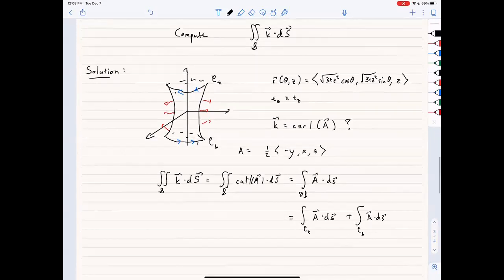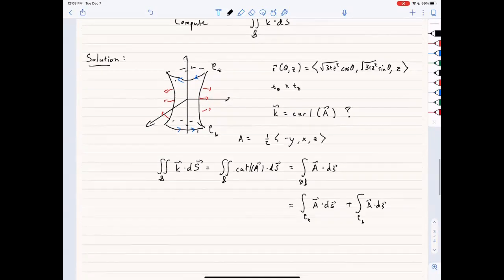What is a vector line integral? What we do is we take a unit tangent vector at every point, and we dot it with our vector field.